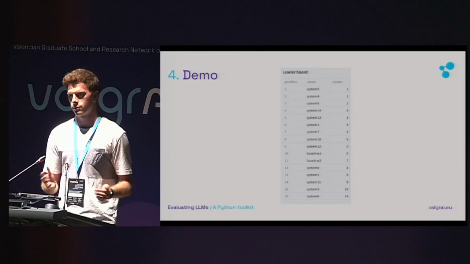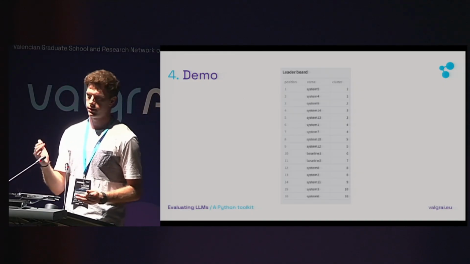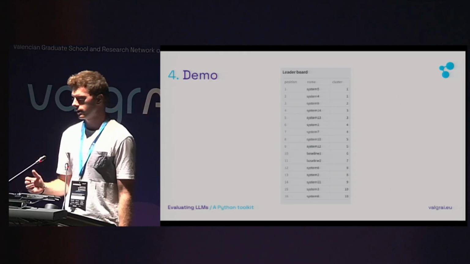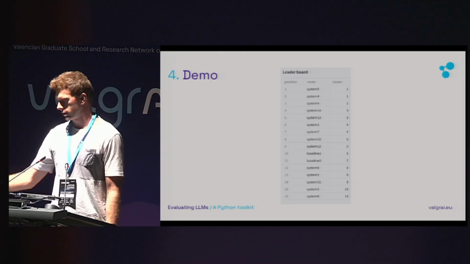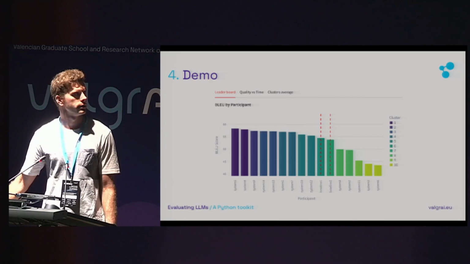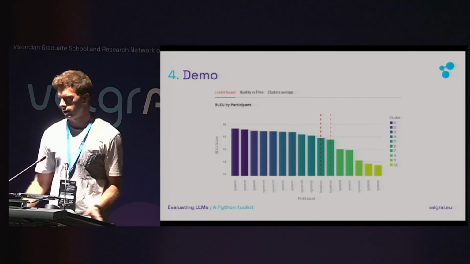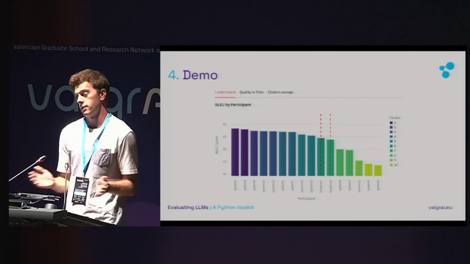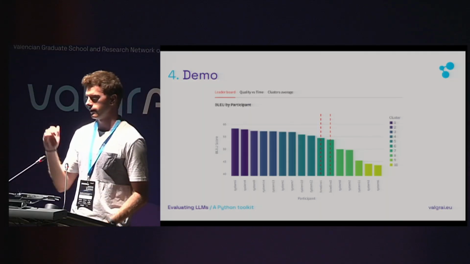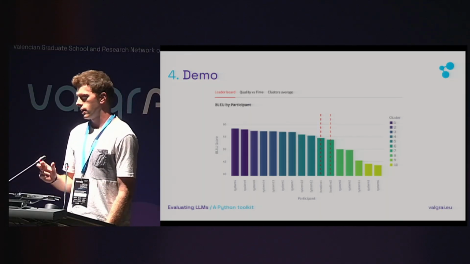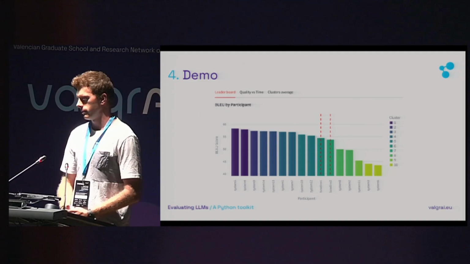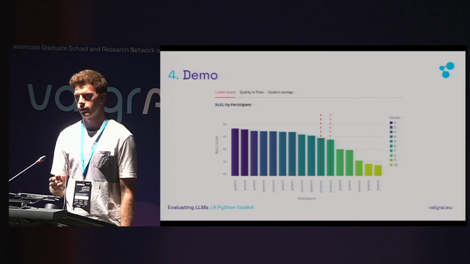We want to know who has won the competition and which is the position of each participant. And it also shows the clusters. Next, some charts. First, the main metric, of course, colored by the cluster of the participant. And we also show the baselines with that red dotted line.